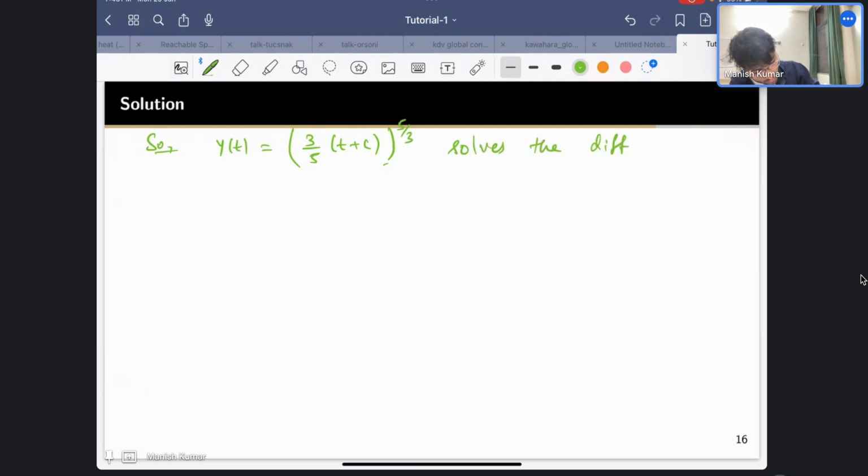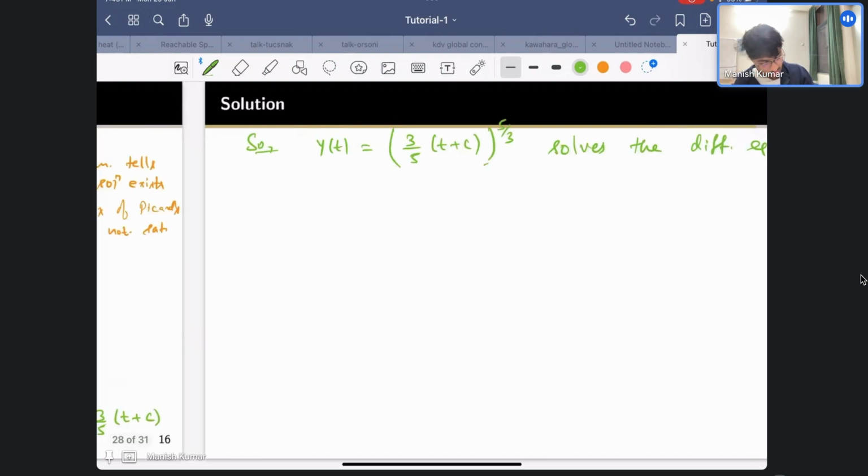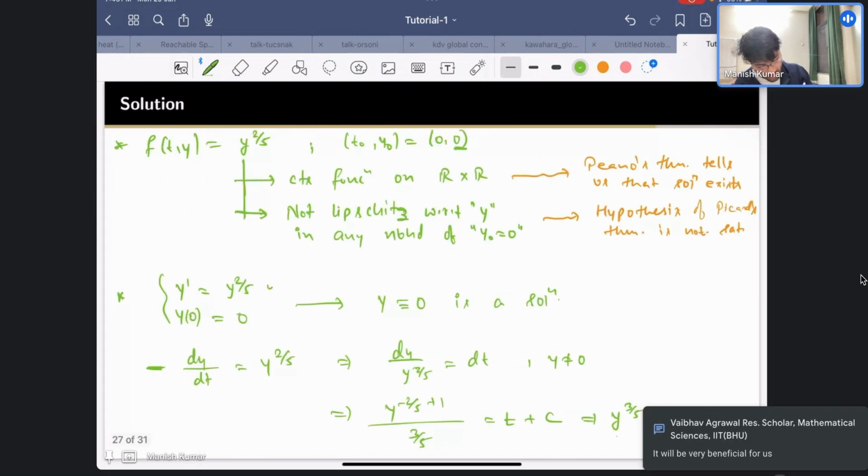You can check this. If you differentiate it, you will get this. So this solves the differential equation.